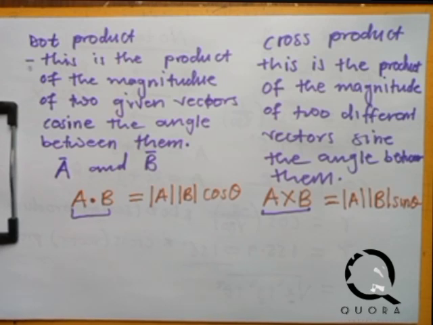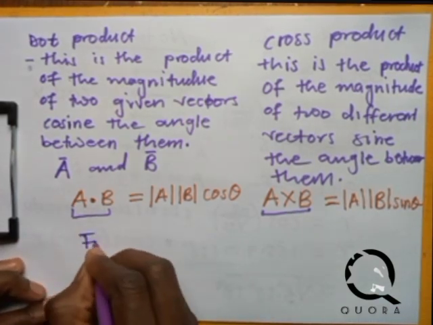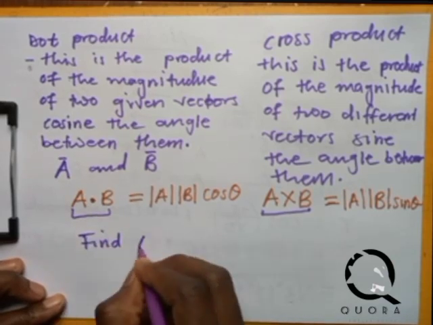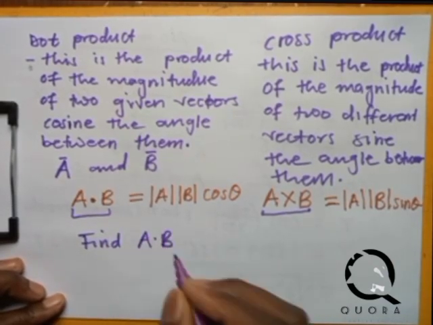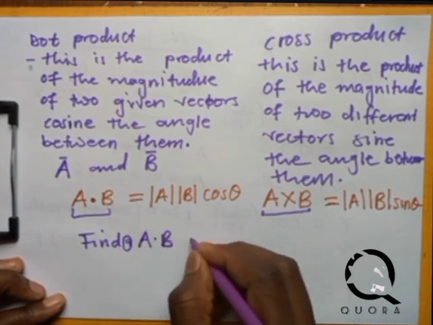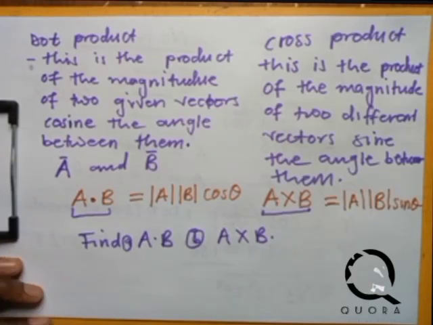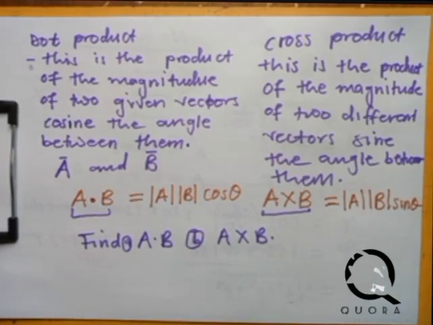So, if they ask you to find A dot B, or A cross B, what are you supposed to do here?